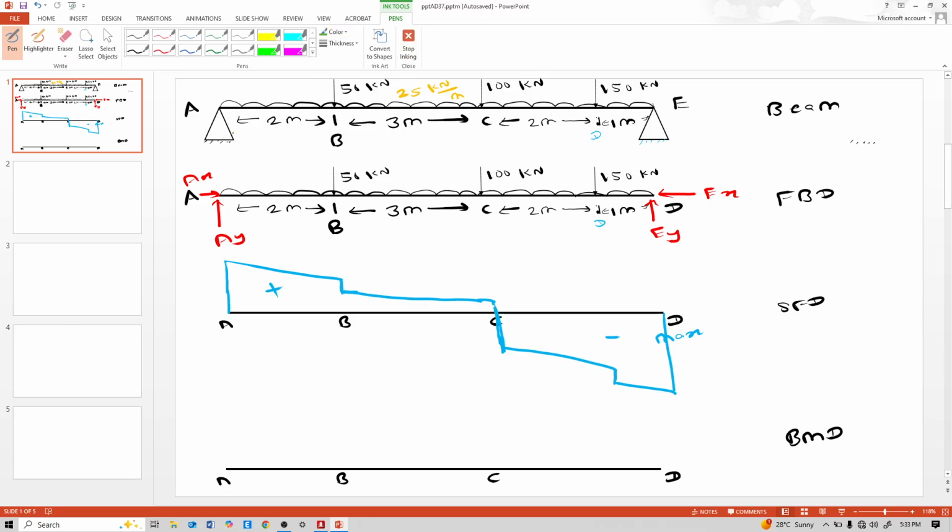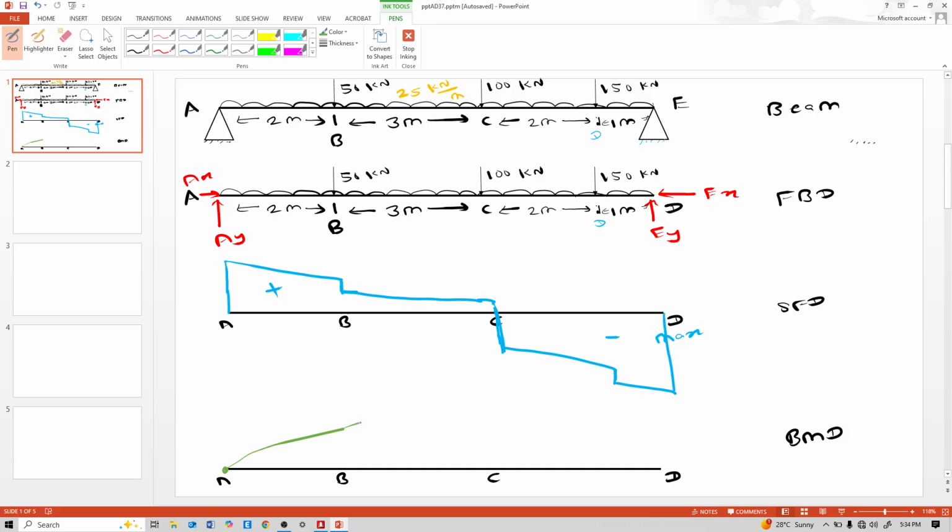Now see, this is a pin support, that means the moment is 0 here, and at point B, between A and B it is UDL. So for UDL, it is a parabolic curve. So this is like this up to point B. Now up to point C, at point C the shear is 0.